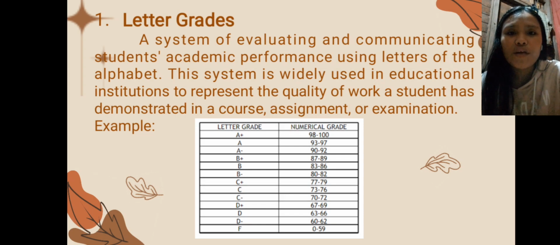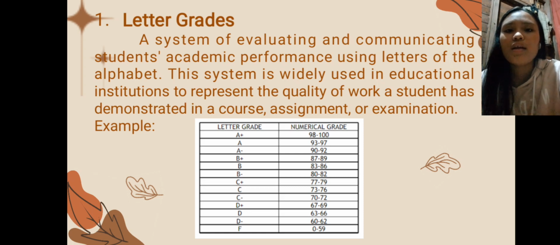So the first type of grading system is the letter grade. So letter grade is a system of evaluating and communicating students' academic performance using letters of the alphabet. This system is widely used in educational institutions to represent the quality of work a student has demonstrated in a course, assignment, or examination.